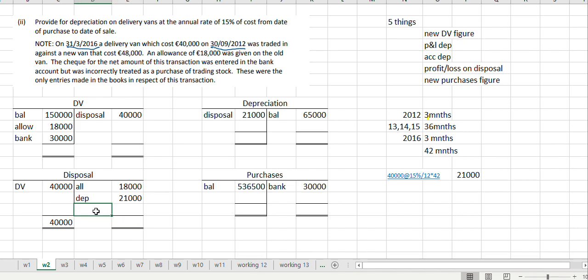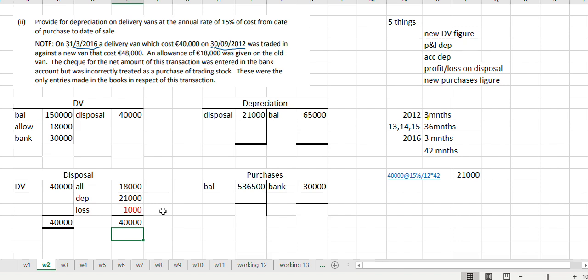So we are going to have here a loss of 1,000 in this account. So there is a loss on disposal, because if you think about it, the delivery van was 40,000, take away depreciation of 21, which means it was worth 19, but you only got a trade-in of 18. So therefore there's a loss of 1,000.